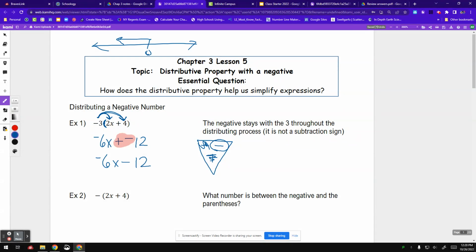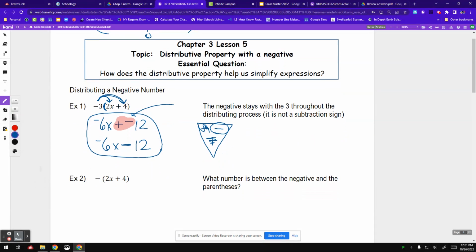Because remember, if I chose to add my inverse here, I'd get plus a negative 12. So I want you to start trying to think of using as few symbols as you can, because this starts to get real gobbly-goopy. And think of that minus sign here as the negative to the 12. But either of these are correct.